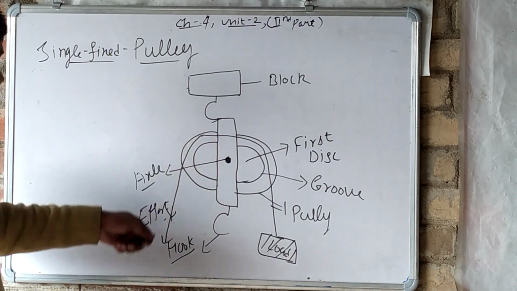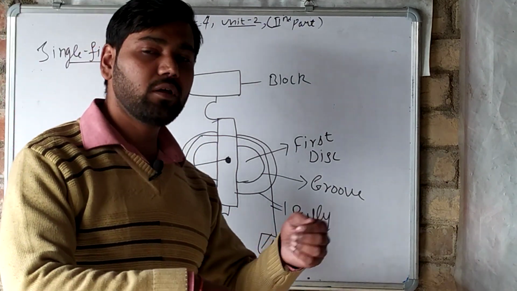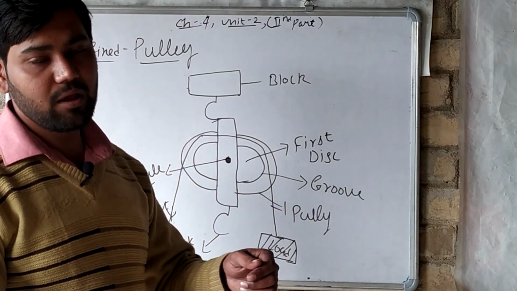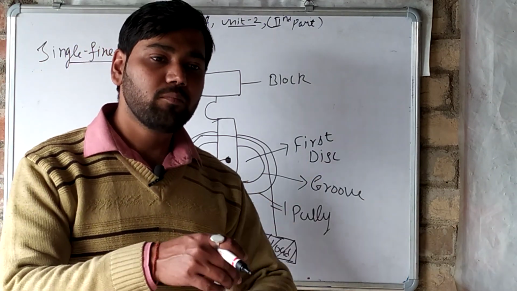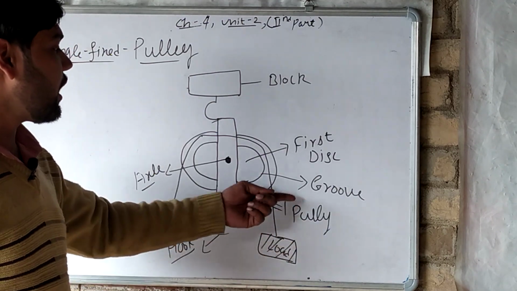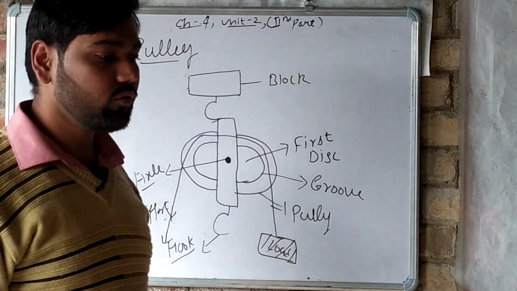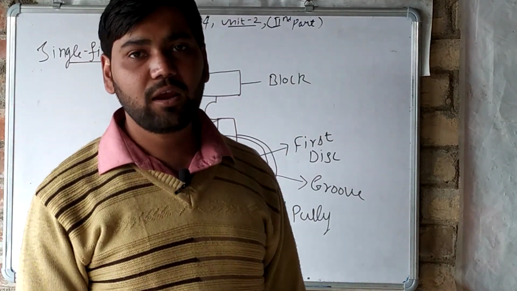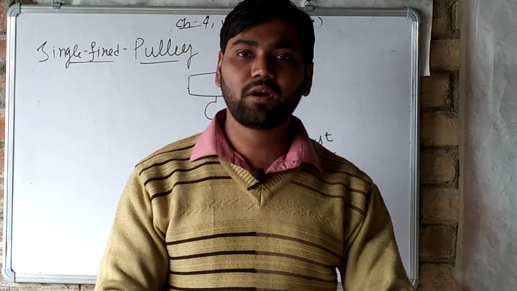When we pull the rope downward, the load starts uplifting. So it is convenient to apply effort in the downward direction.